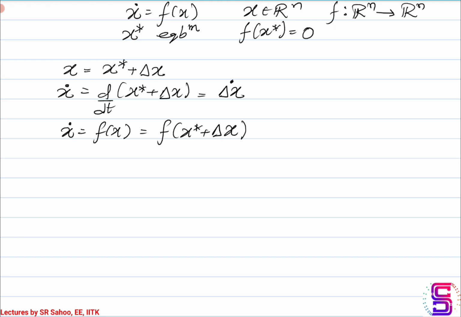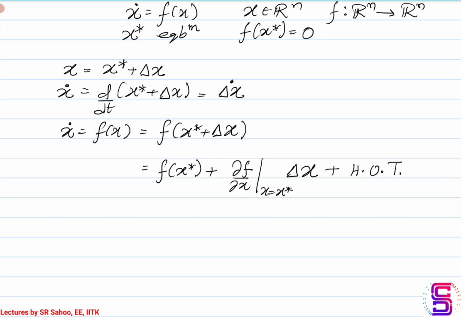Now the perturbation is considered to be small enough. Using Taylor series expansion, I can express it as f of x star plus del f by del x evaluated at x equal to x star times delta x, plus the higher order terms.